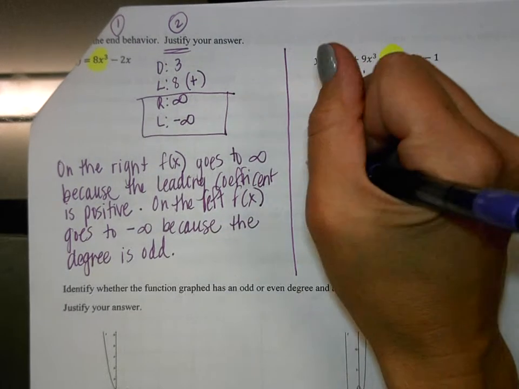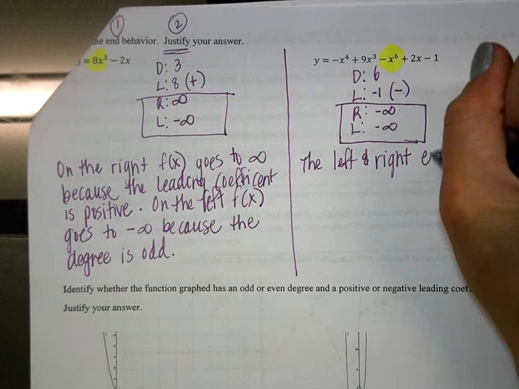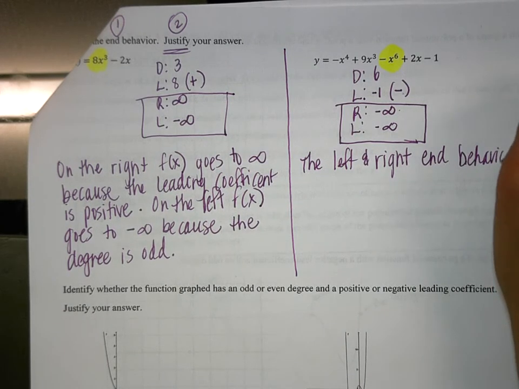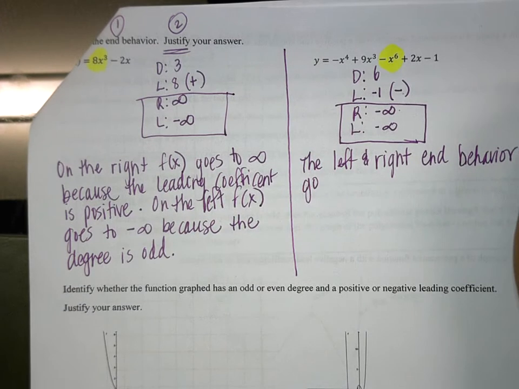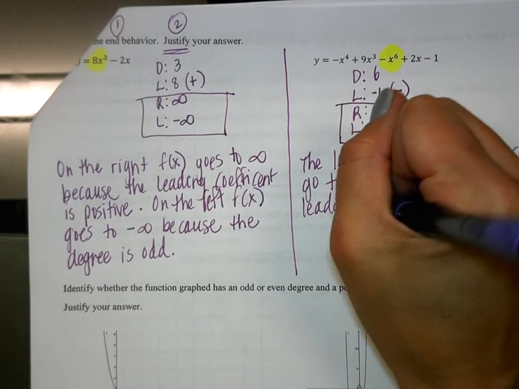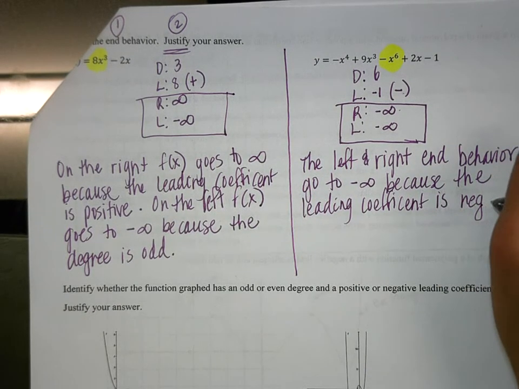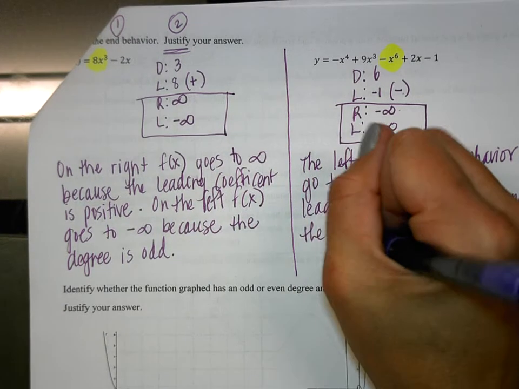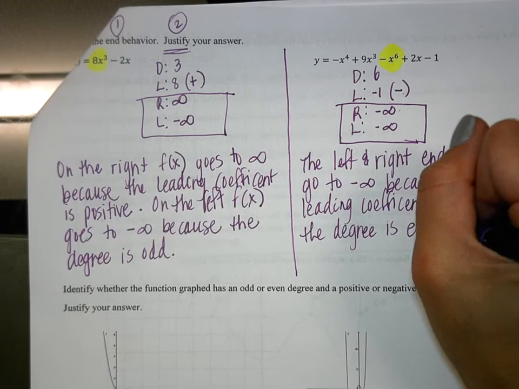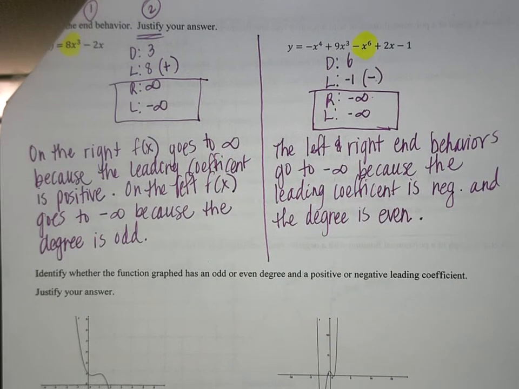So, I'm going to put the left and right end behaviors go to negative infinity because the leading coefficient is negative and the degree is even. Do we have any questions there? Okay.